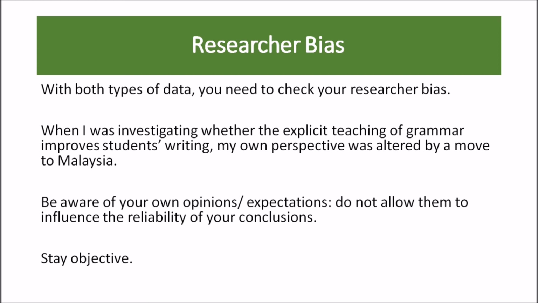Now, with both types of data, you are going to have to check. That means you're going to have to be aware and try to leave your researcher bias at the door. For example, if you are looking for differences in male and female language, you may, when you're looking numerically, ignore the things that they use the same amount of, because you're only looking for differences.